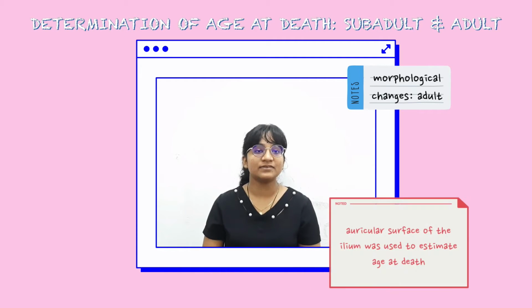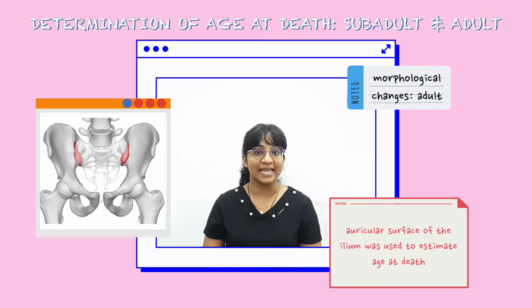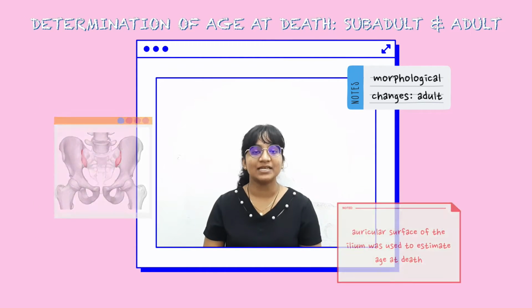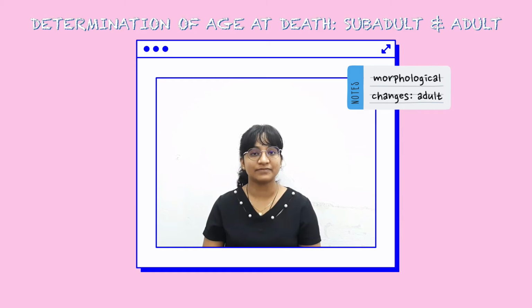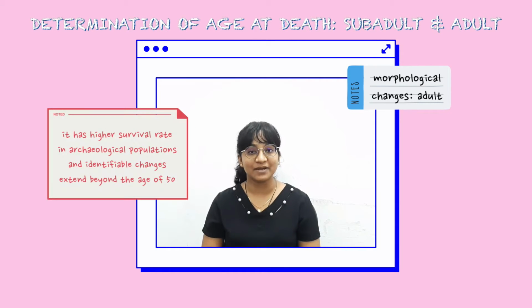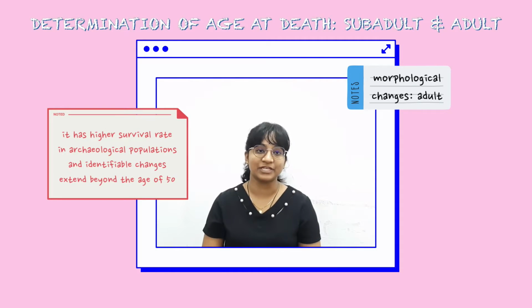Later, the auricular surface of the ilium was used to estimate age at death, as the age changes seen are relatively well defined and regular. The advantage of using the auricular surface as a parameter for skeletal age assessment is that it has the highest survival rate in archaeological populations, and identifiable changes extend beyond the age of 50 when compared to the pubic symphysis.